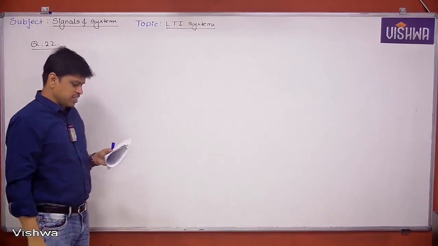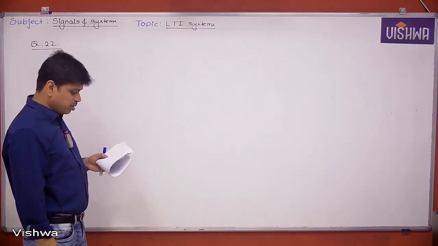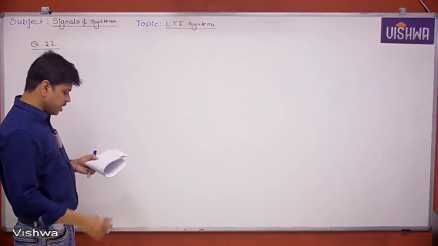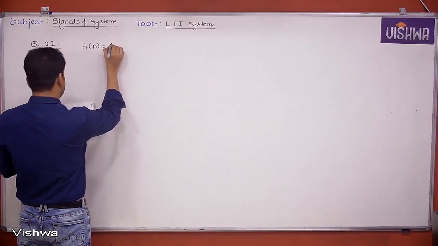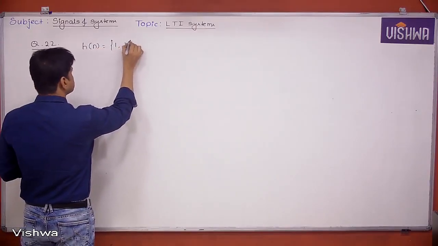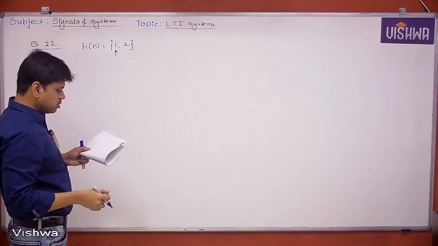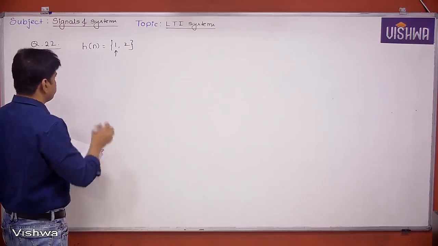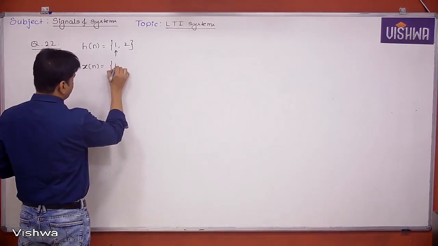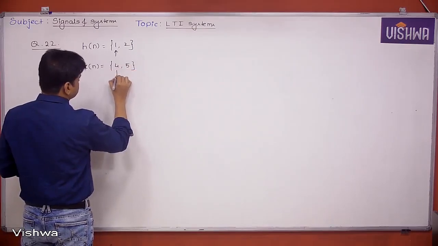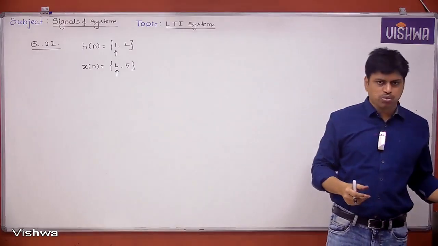The unit impulse response of a discrete time LTI system is h of n equal to 1, 2, with the arrow at the first element. Then obtain its output when the input is 4, 5. So they have given h of n and x of n, and want us to find the output of the system.